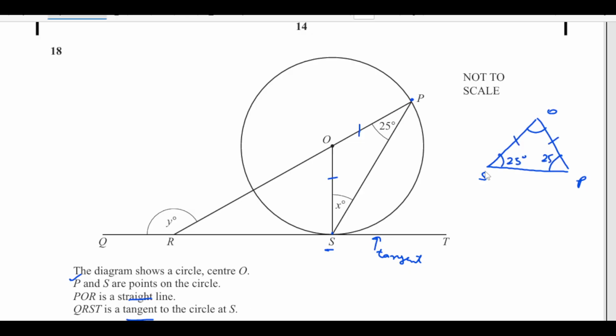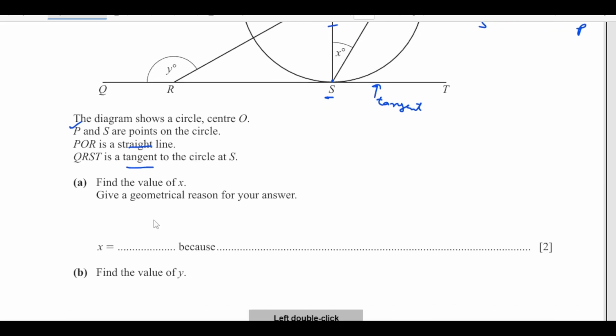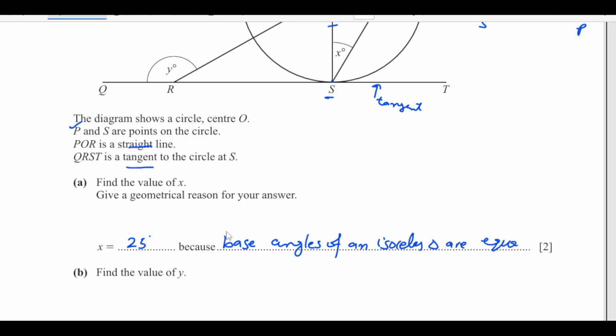So, x is 25. We will write down here: x is 25 because it is the base angle of an isosceles triangle. Base angles of an isosceles triangle are equal, right. So, this makes you able to get 2 marks.